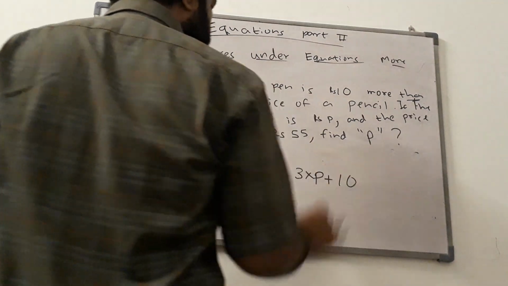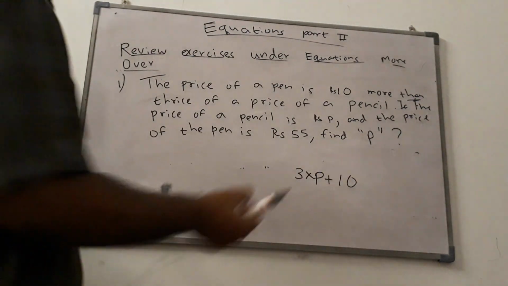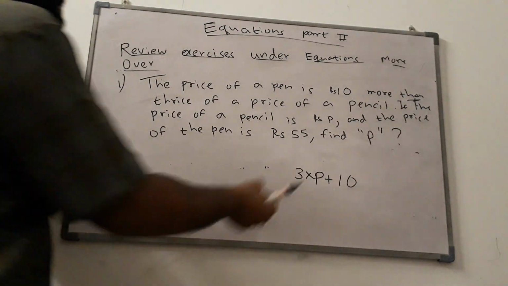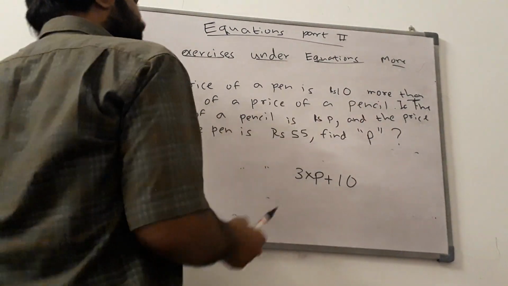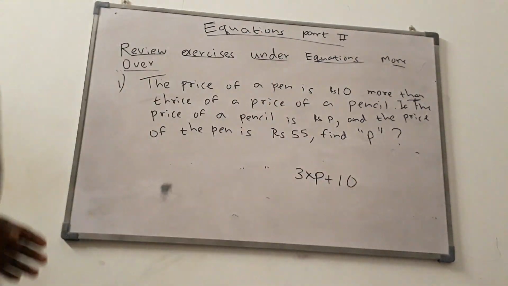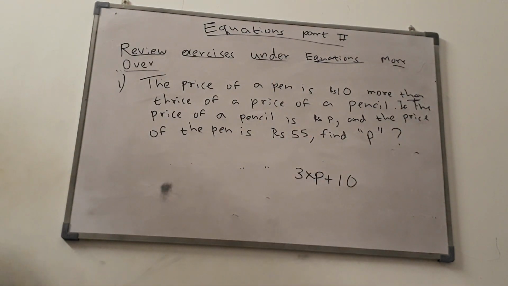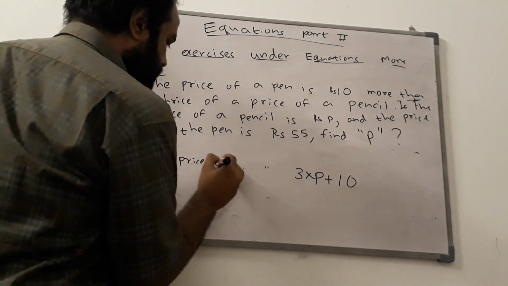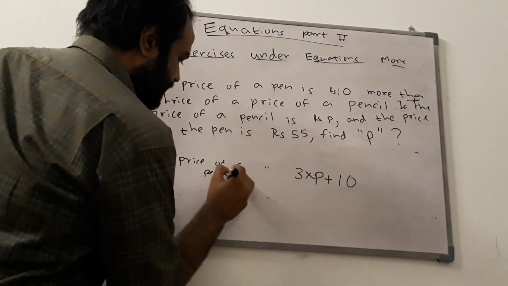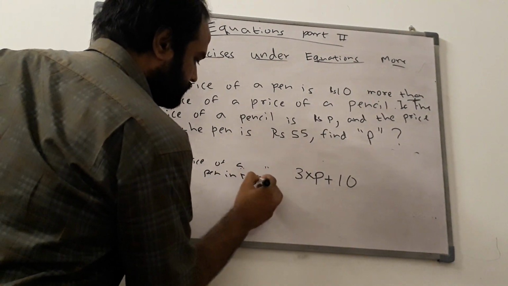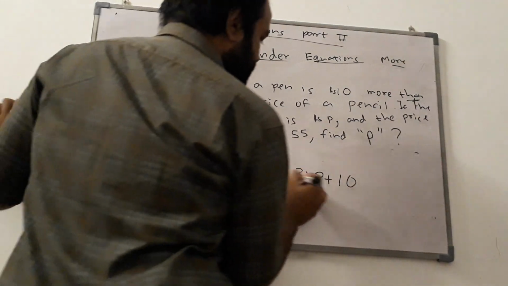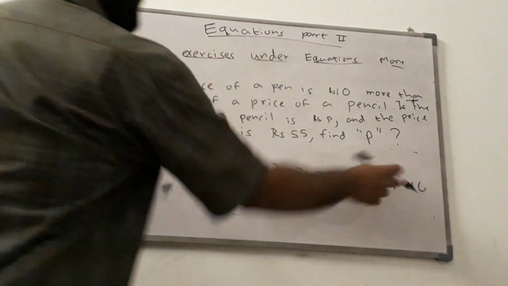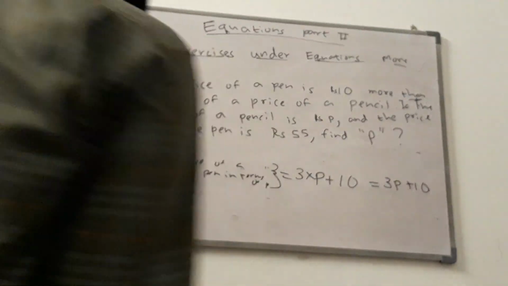So we can say the price of a pencil is P. Thrice the price of a pencil means 3 times P, and 10 more than that means you have to add 10 to 3 times P. So the price of a pen in terms of P, we can take as 3 times P plus 10, or 3P plus 10.